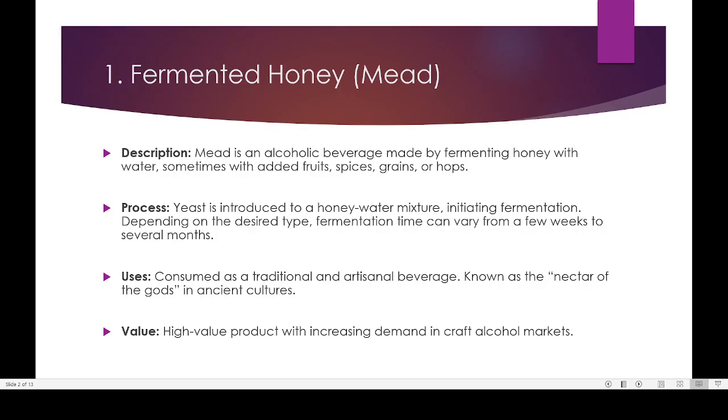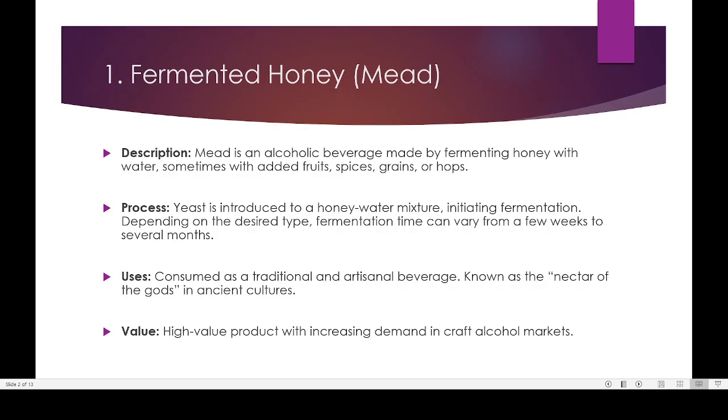And what are the uses of fermented honey? It is mainly used as a traditional beverage, and artisanal means made by tradespeople, relating to the characteristics of an artisan.